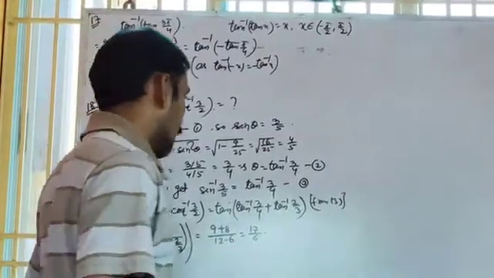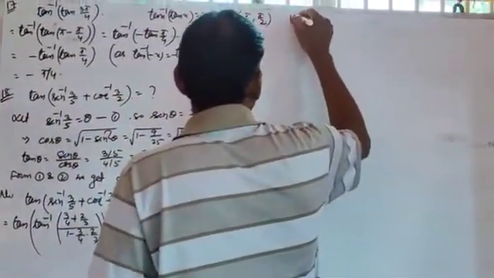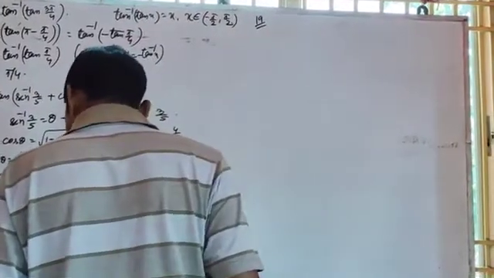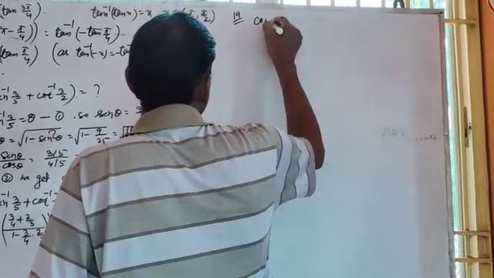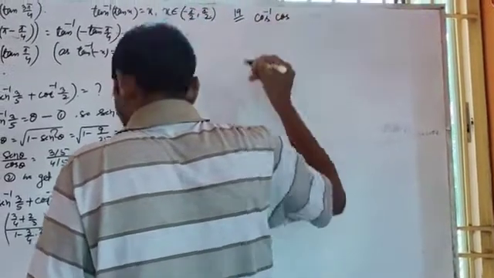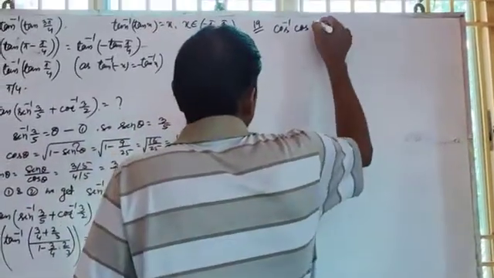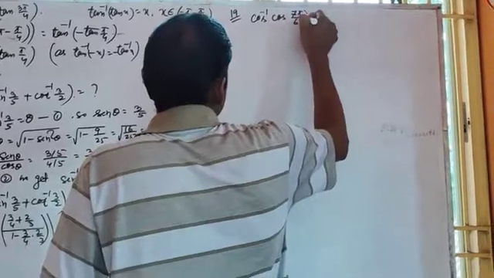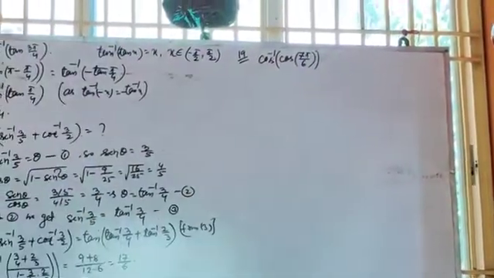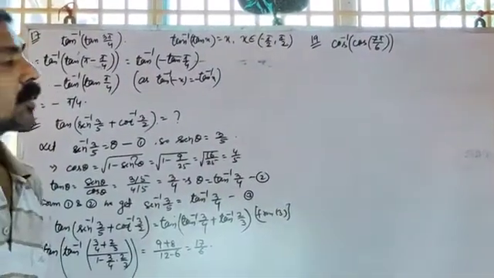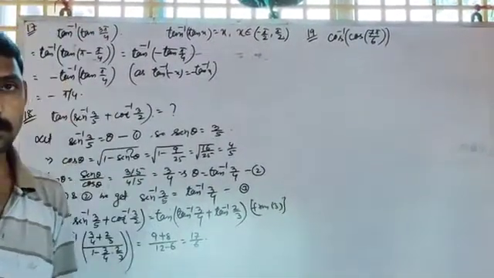Question number 19. Question 19 also, find the value. It is cos inverse cos 7 pi by 6. It is also like question number 17. It is of the form cos inverse of cos x.